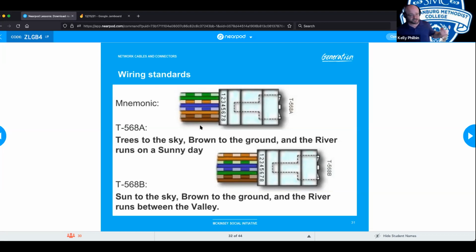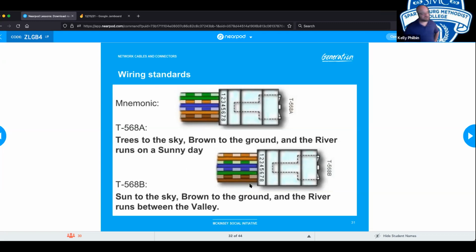That pattern never changes, so it always alternates between stripes and no stripes. So 568A, trees to the sky, gives you the green, brown to the ground, river runs between a sunny day. So the orange is split in this particular one.